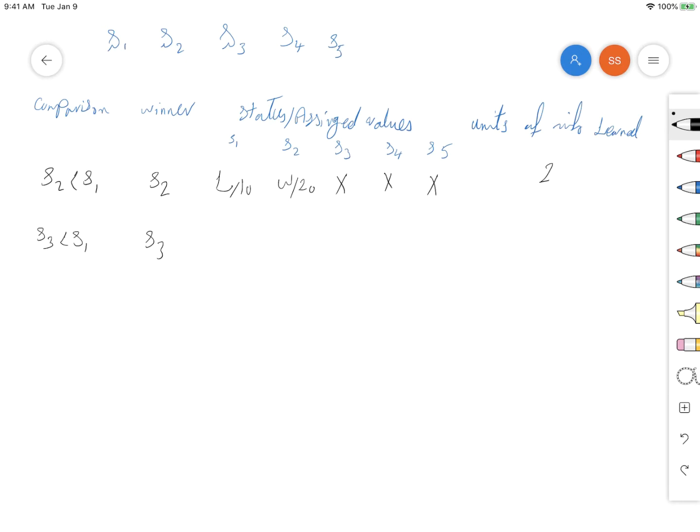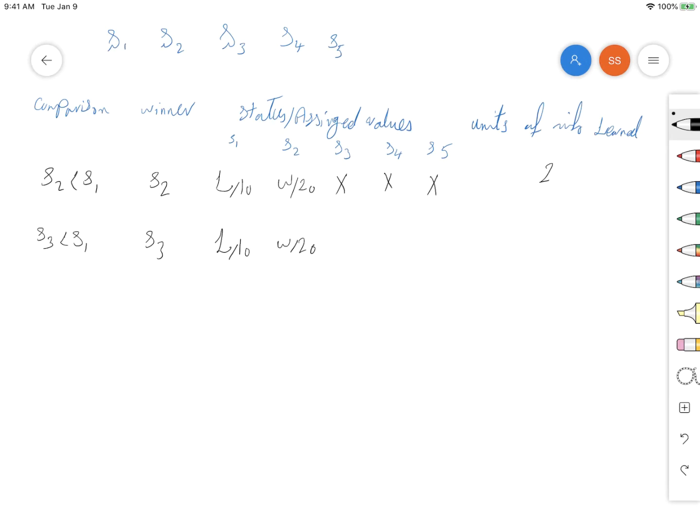There is no change on the status of S3 because there is no win so far for this one, and still there is no change in the value of S1, because we haven't found a smaller number than S1. So there is no change on S2.